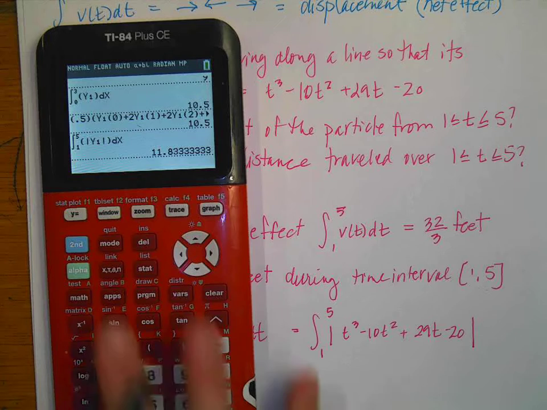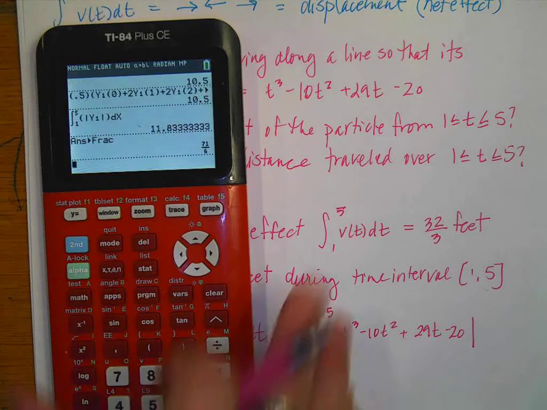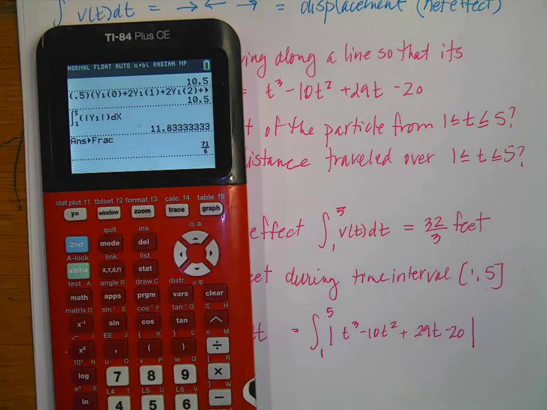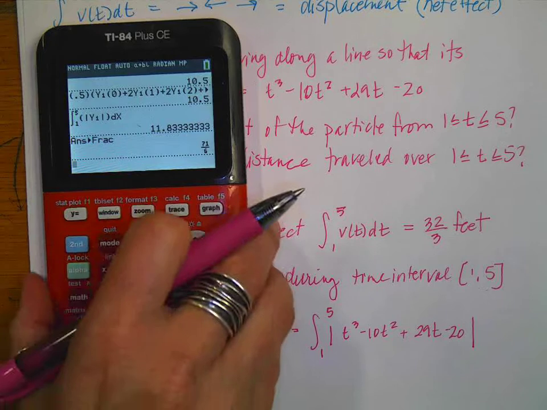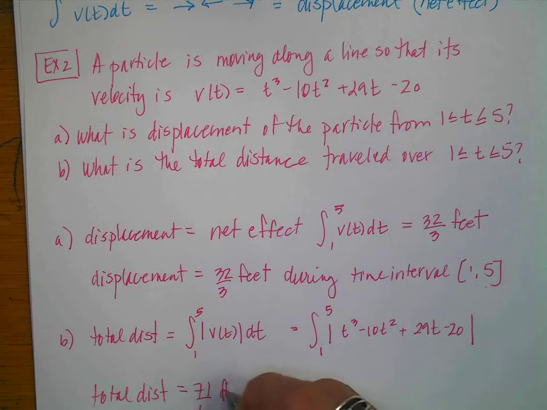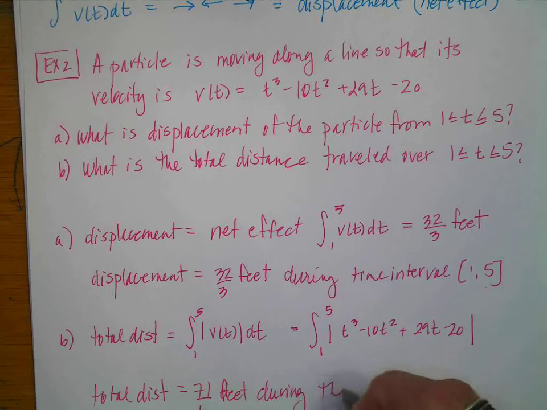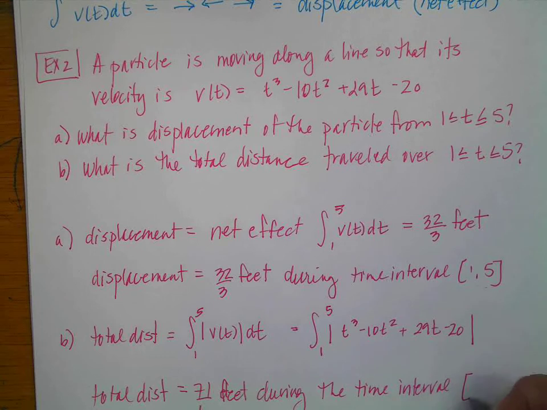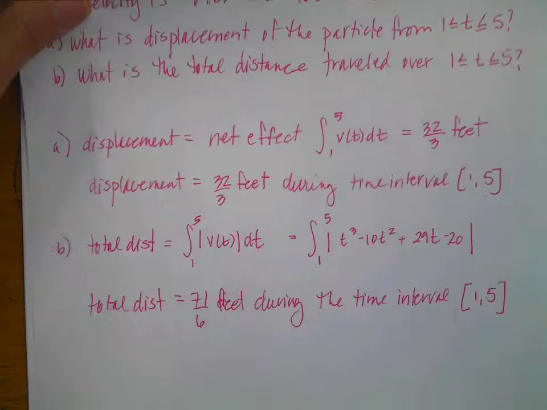I'm going to put a dx, and when I do that math, and if you wanted it in fraction form, you could math frac it, you would get 71 over 6, and so then my total distance is going to equal 71 over 6 feet during the time interval from 1 to 5.